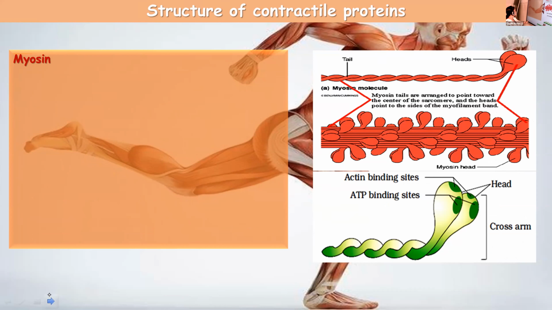So actin we have completed, now myosin. Myosin is a polymerized protein. Myosin is another protein which is a polymer, meaning it is made up of many monomer units. Here the monomer units are meromyosins. Several meromyosins joined together form a myosin protein.